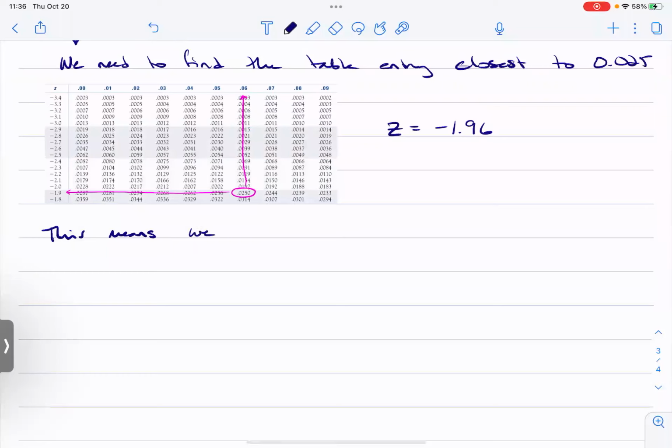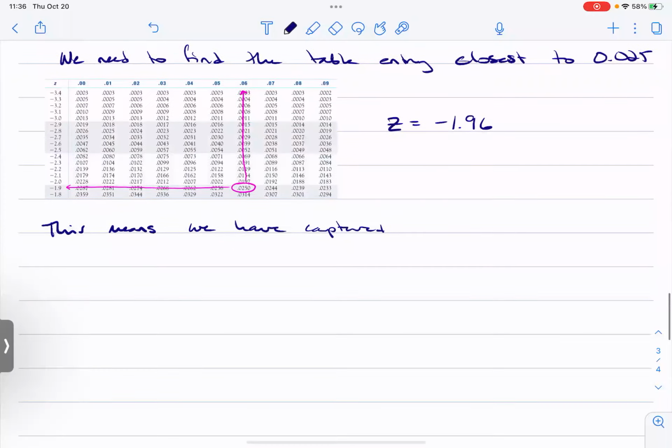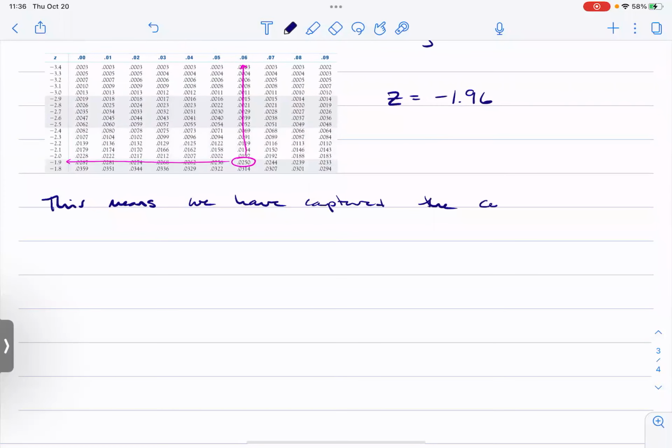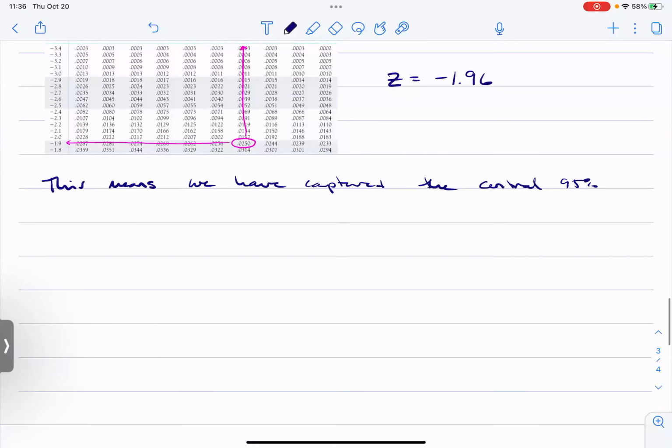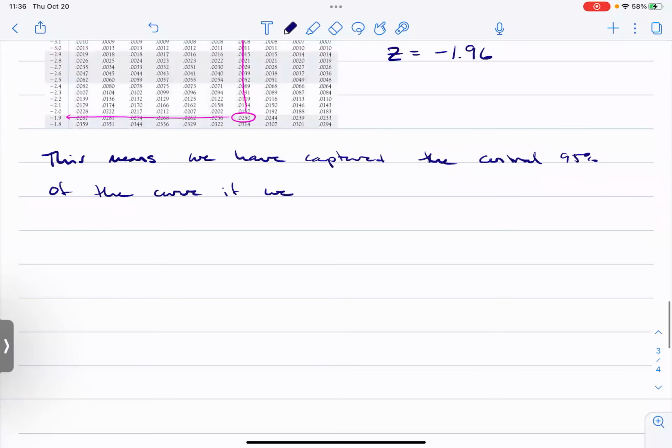So this means we have captured the central 95% of the curve if we move 1.96 standard errors away, and away means down and up, right?